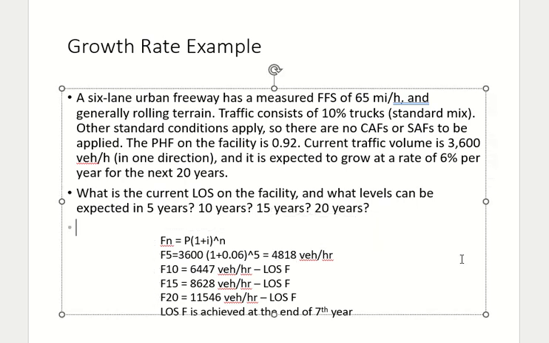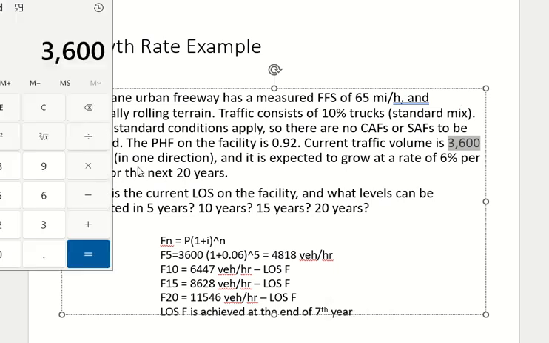Don't make the mistake of multiplying the growth rate with the number of years and then multiplying with the actual value. It's not a simple addition. This is called compounding growth rate, which means that every year you are multiplying with a new value. At year 1, it is 3,600 multiplied by 6% plus the actual value.